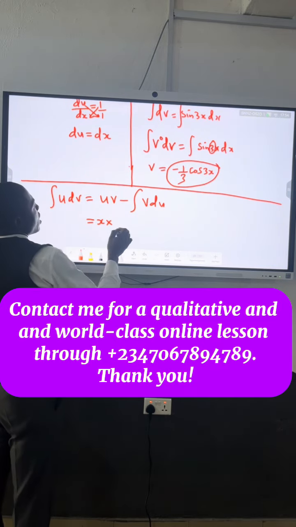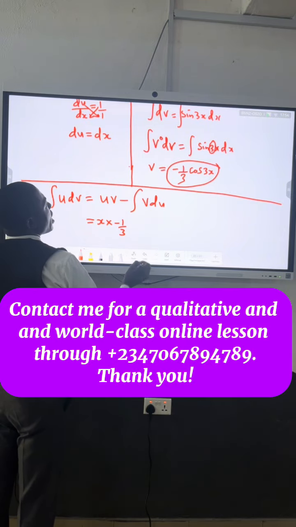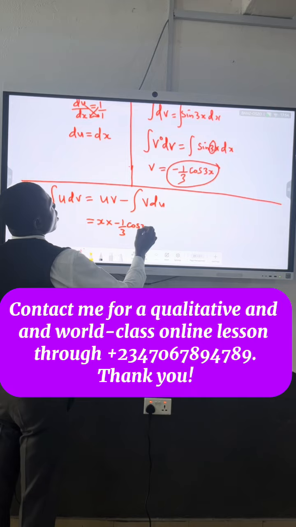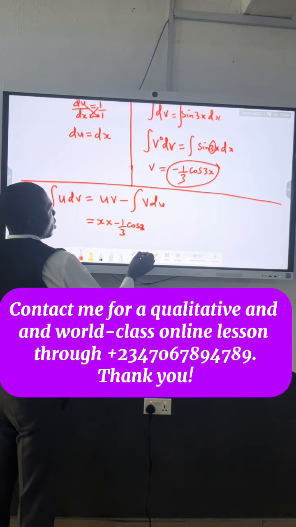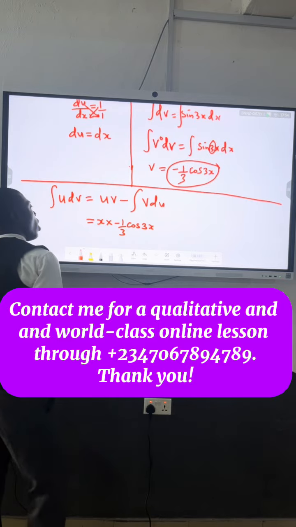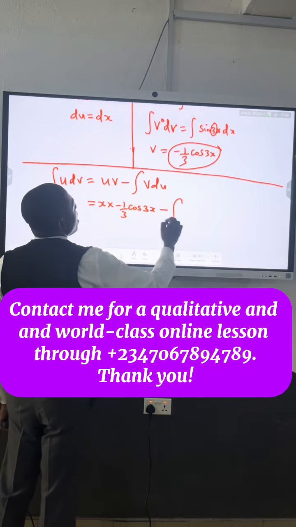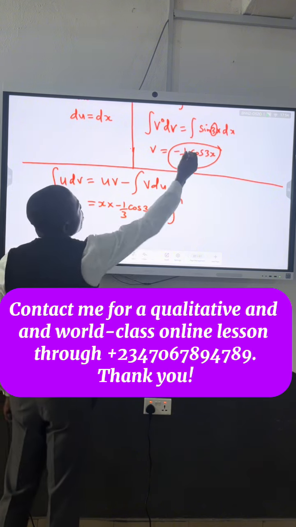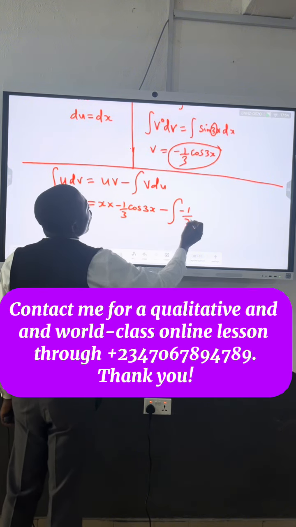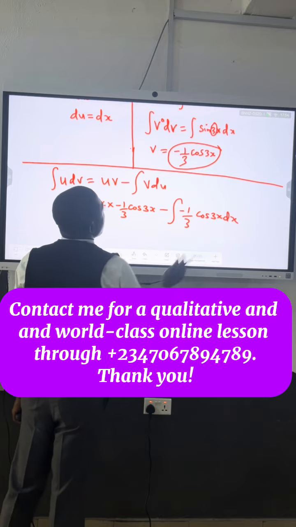So we are going to say x multiplied by negative 1 over 3 cos 3x. All right, so you have cos 3x. But that's not all. You are going to say minus. Now you have integral of, instead of v, copy the same thing back, negative 1 over 3 cos 3x dx.